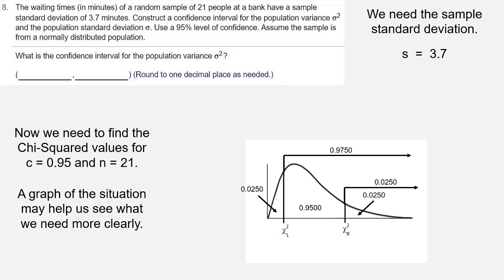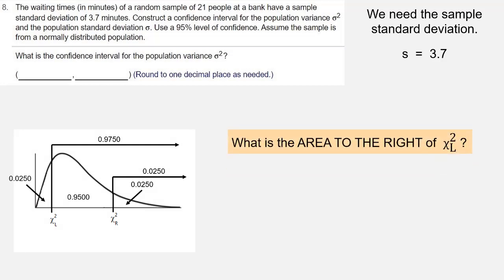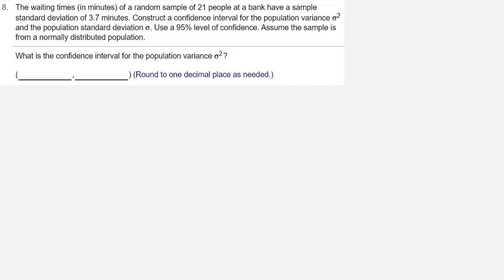So we'll keep this diagram as reference, and then we'll ask these questions. What is the area to the right of chi-square L? We said it's 0.9750. What's the area to the right of chi-square R? We said that's 0.0250. And then what are our degrees of freedom? Degrees of freedom are one less than the sample size, so that would be 20.